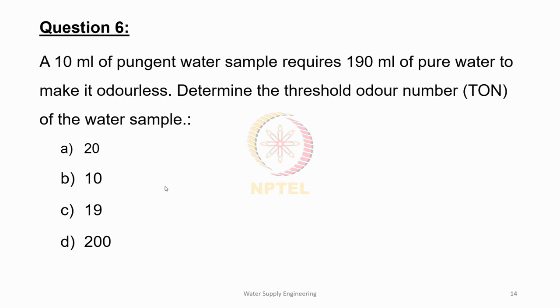So we have 10 ml of pungent water sample and we need 190 ml of pure water in order to make this pungent smell disappear. If that is the case, we are asked to determine threshold odor number.